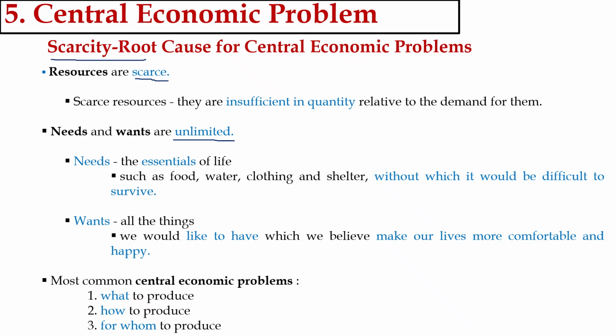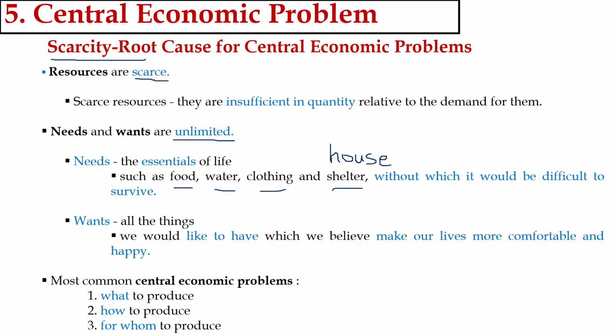The examples of needs are food, water, clothing, and shelter. Shelter means the home or the house where we live. So food, water, clothing and shelter are the four basic needs without which a person cannot survive.